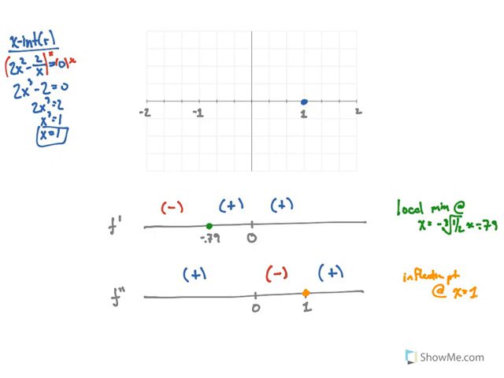Why do we not have an inflection point at 0? Because 0 is a special value here because it's actually a vertical asymptote. We have a 0 in the denominator. The derivative doesn't exist at that point. The second derivative doesn't exist at that point. It's not in the domain. The domain of the function is negative infinity to 0, union 0 to infinity, everything but 0.